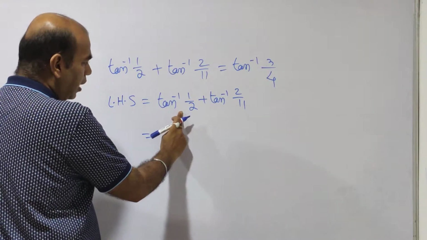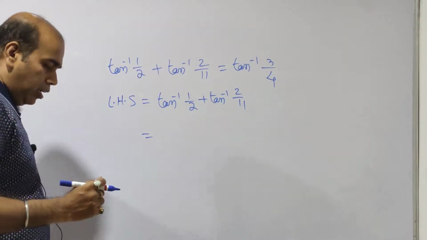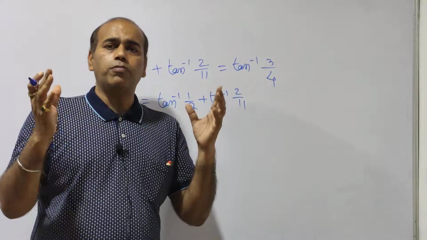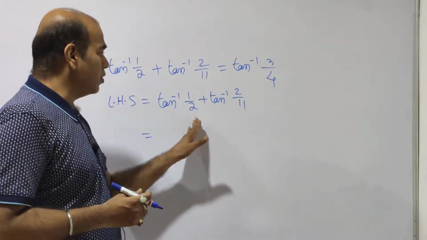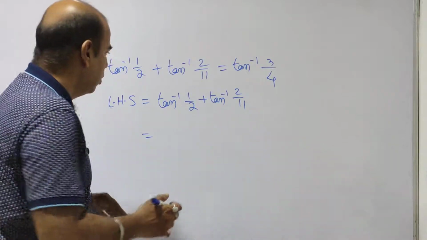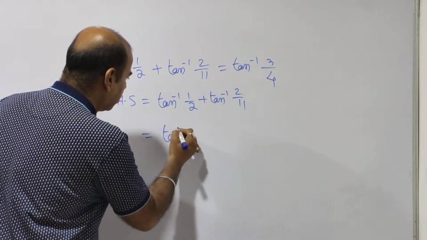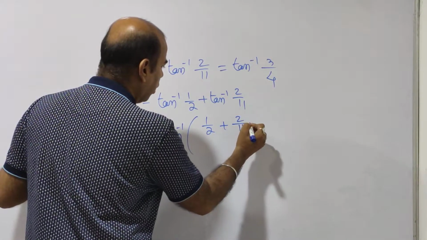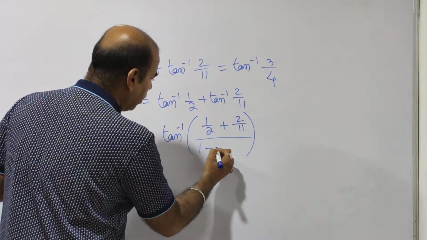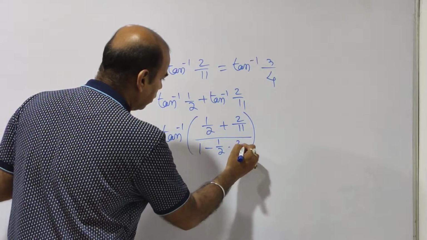So tan inverse x plus tan inverse y. If I simply go from the formulas which I was discussing last day, it is tan inverse x plus tan inverse y, so this will be tan inverse of x plus y by 1 minus xy.